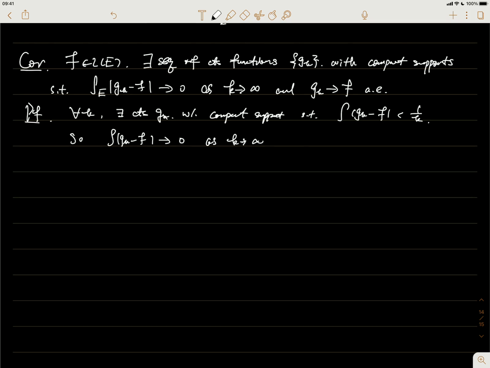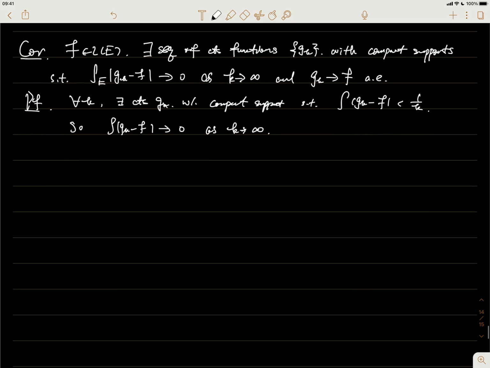And based on this, we can show that g_k actually converges to f in measure. We probably have shown this before: if this integral goes to 0, that means g_k converges to f in measure, and it's pretty easy.